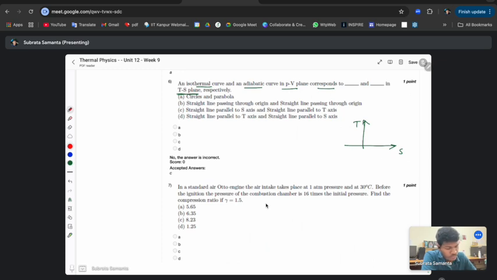Isotherm is basically temperature constant, so dT is 0 for isotherm. That means this is just a horizontal straight line in the TS plane. So this is your isotherm.